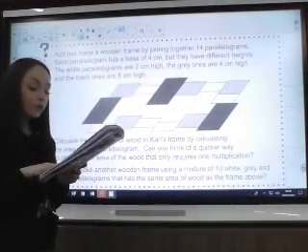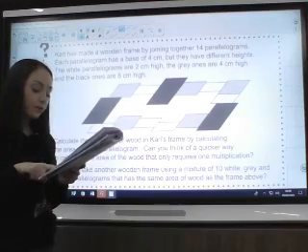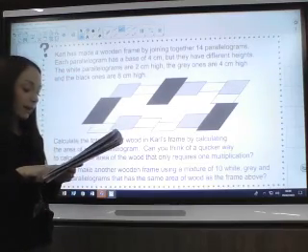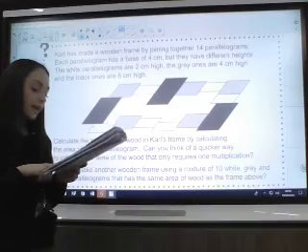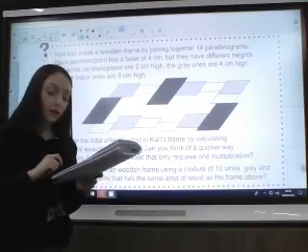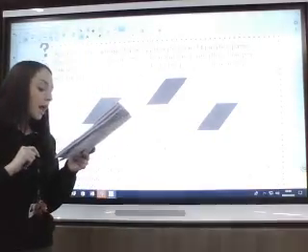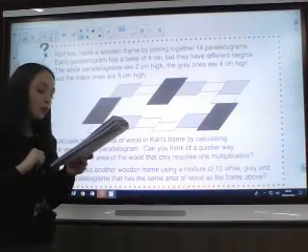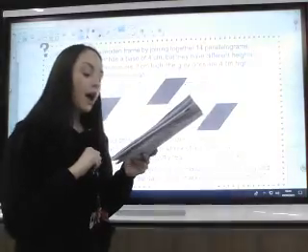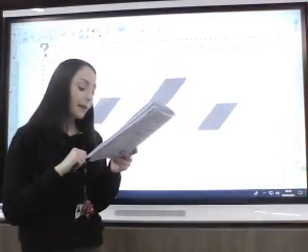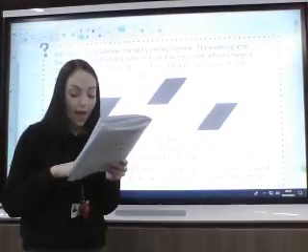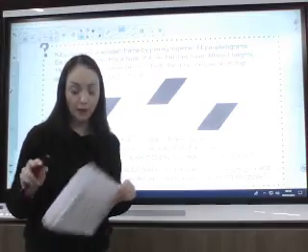Then it says, calculate the total area of wood in Carl's frame by calculating the area of each parallelogram. Can you think of a quicker way to calculate the area of wood that only requires one multiplication? So there's a little challenge for you. And then it says, can you make another wooden frame using a mixture of 10 white, grey and black parallelograms that has the same area of wood as the frame above?